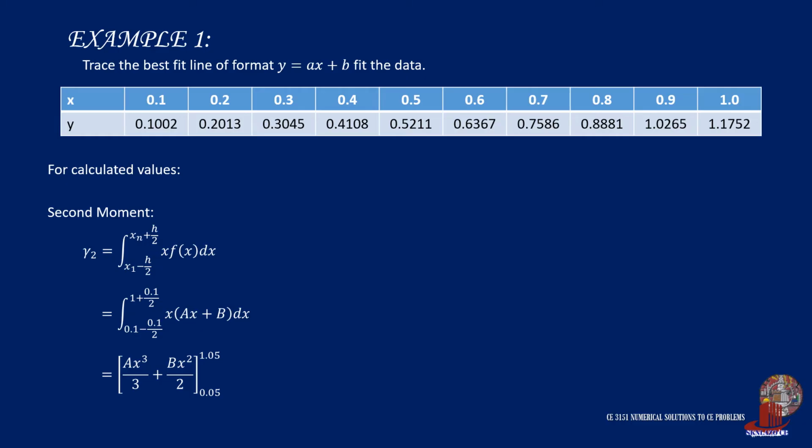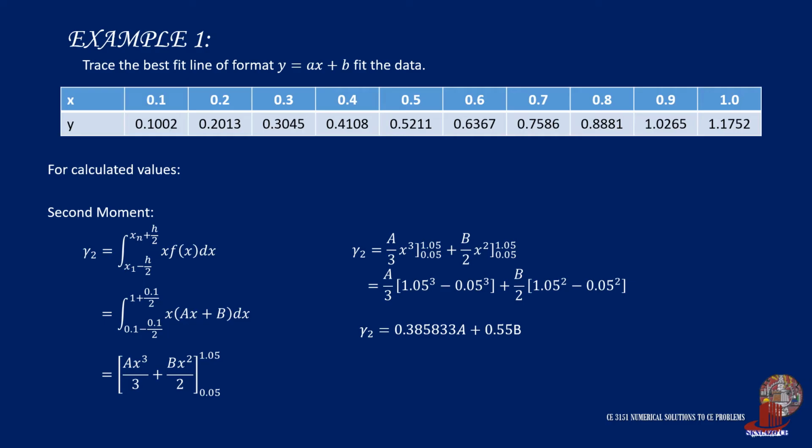Using the upper and lower limits, the equation is expanded as a all over 3 times 1.05 cubed less 0.05 cubed plus b all over 2 times 1.05 squared minus 0.05 squared. Thus, sigma 2 is taken as 0.385833A plus 0.55B.